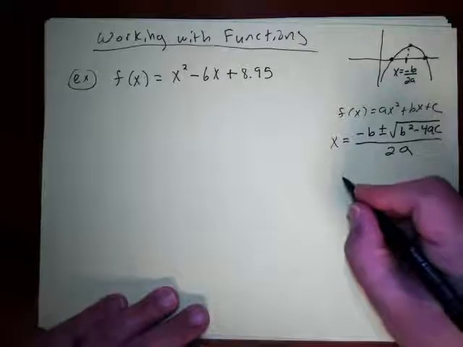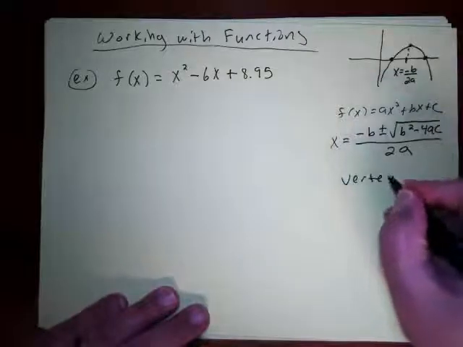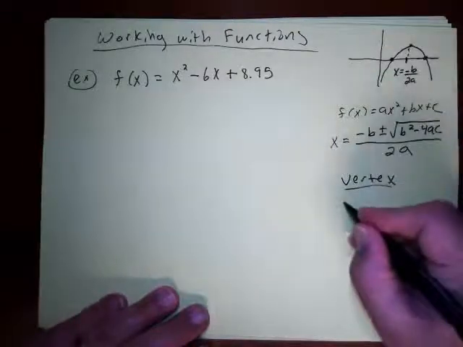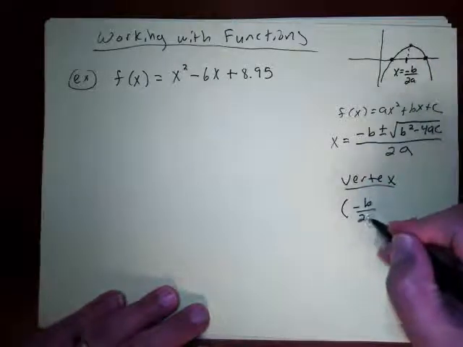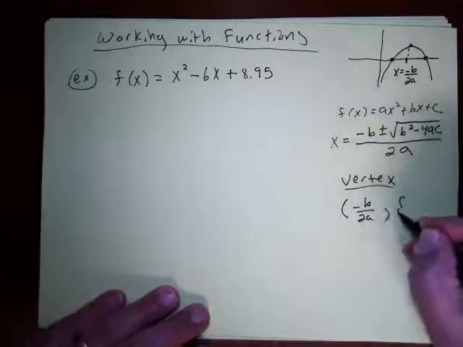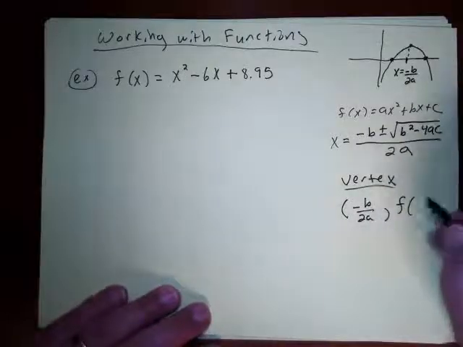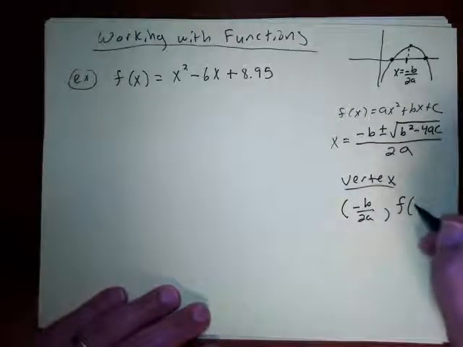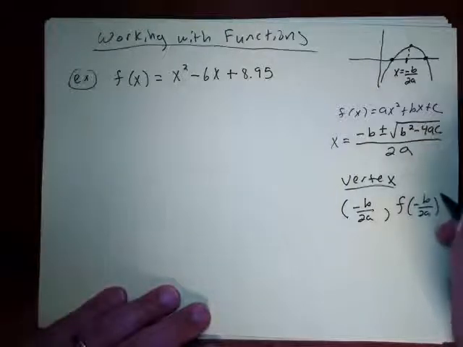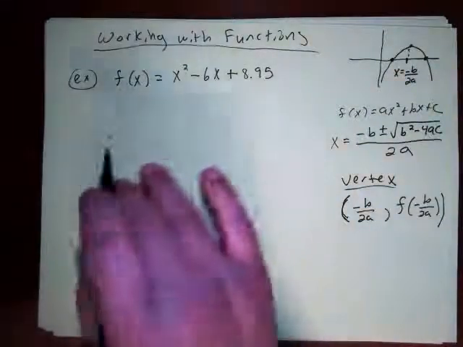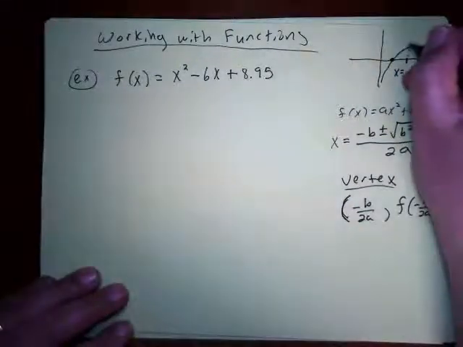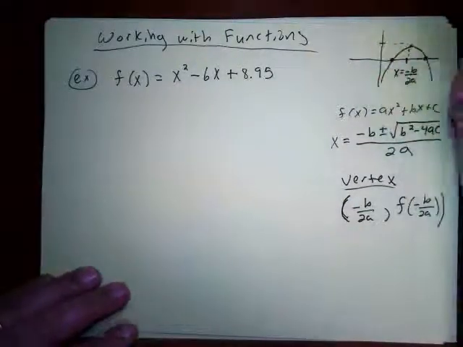So what we could say is that the vertex of this parabola is, the x-coordinate is the opposite of b over 2a, and then the y-coordinate would be the function value of that. Okay, and you know what? I'm jumping ahead of myself a little bit because we haven't talked about that function notation, but we're going to talk about that next here.